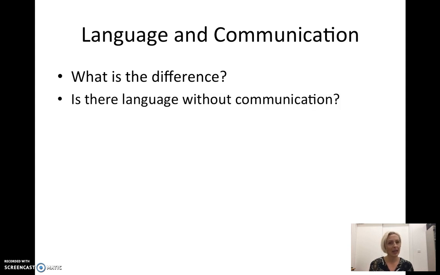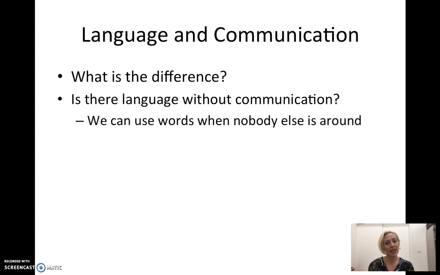Let's think. Is there a language without communication? So is there any way where we use language but it's not communication? You could think, well, sometimes when we are alone, we can use words. For example, when our computer breaks down, we can shout at it, right?